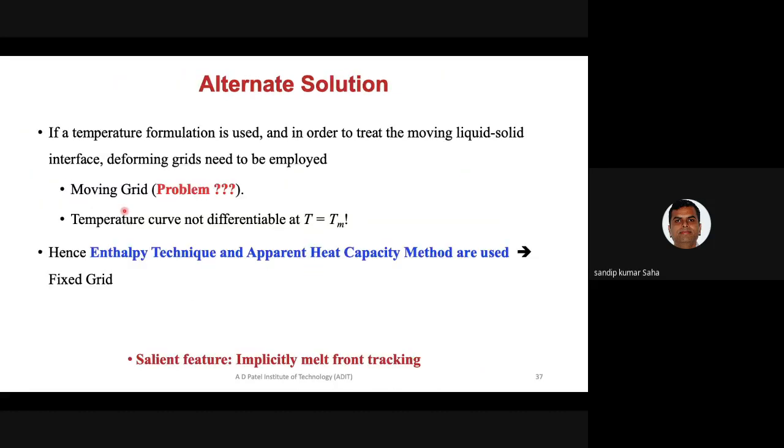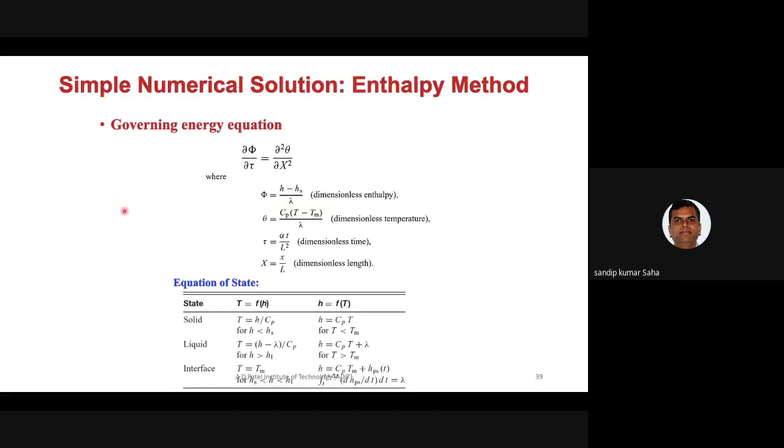Let me tell you that solution here. This is the non-dimensionalized equation, and I have used these non-dimensionalized terms to non-dimensionalize the equation. Now here, the condition I need to solve this problem is that when the temperature of the domain is the same as the melting temperature, theta will be 0.